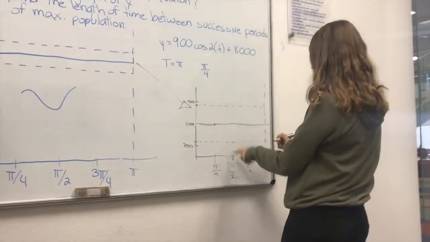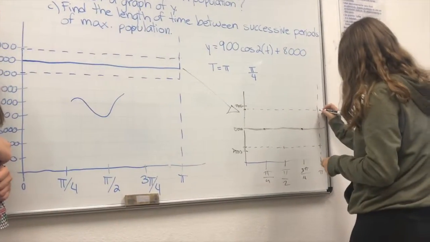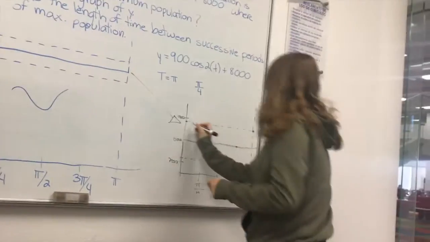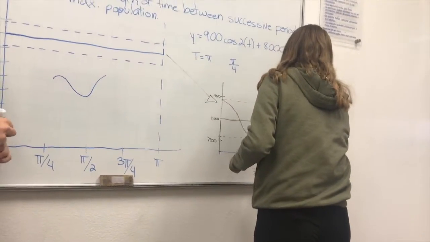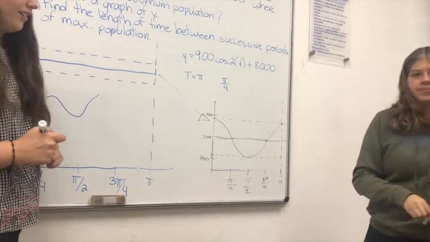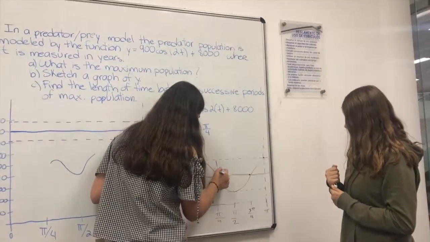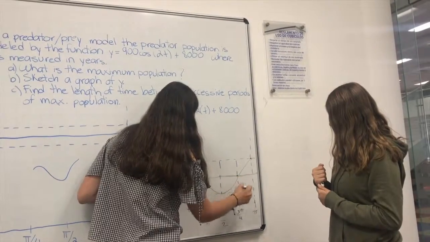Then again, you go up here. And the last one will go on pi. Now it's going to be like this. And don't forget to mark the lines like this.